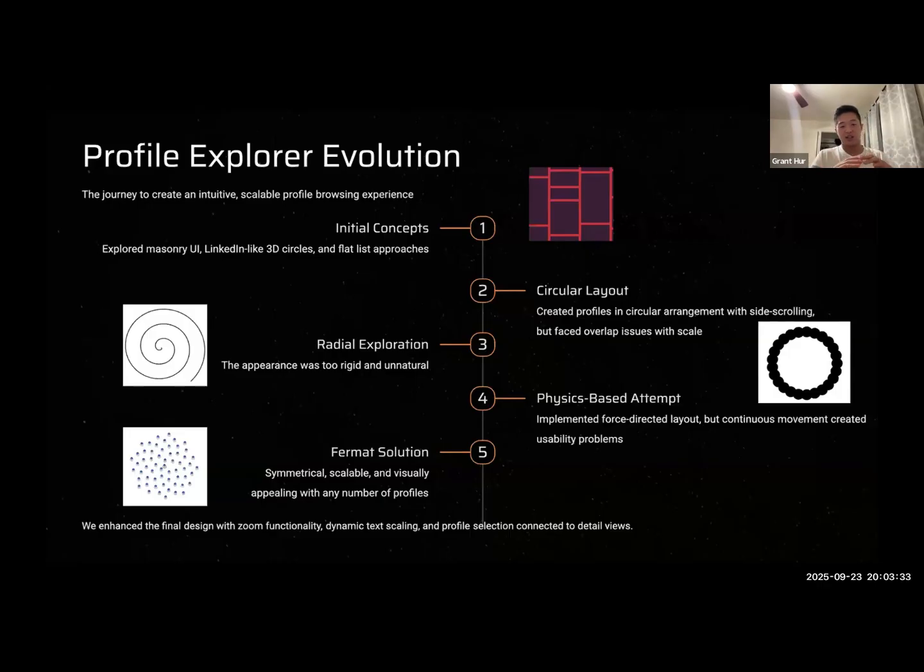Each profile would act as a particle with forces on the other particles. But it was too complicated, and even once the app started, it kept jiggling, so it wouldn't work. So I decided on using a Fermat spiral, which was symmetrical, scalable, and nice to look at. It was also mathematically predictable, so it let us do the clamping with just math.